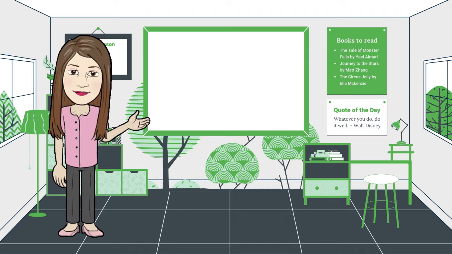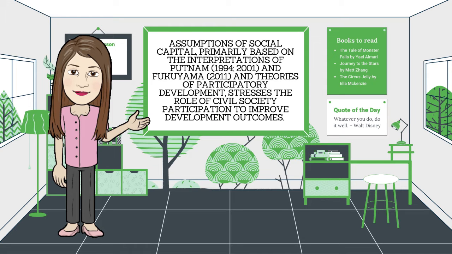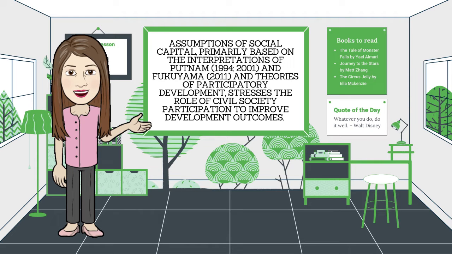Here is an example of a narrative discussion. Assumptions of social capital, primarily based on the interpretations of Putnam 1994-2001 and Fukuyama 2011, and theories of participatory development, stresses the role of civil society participation to improve development outcomes.